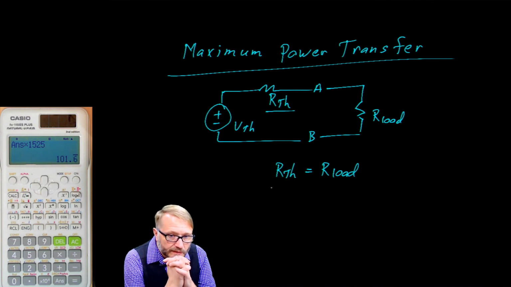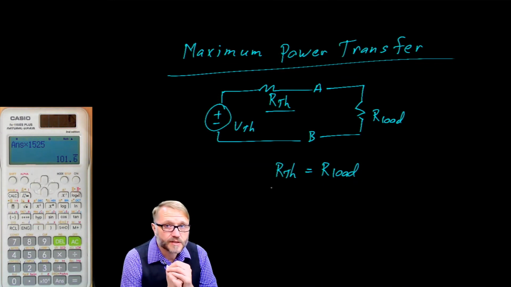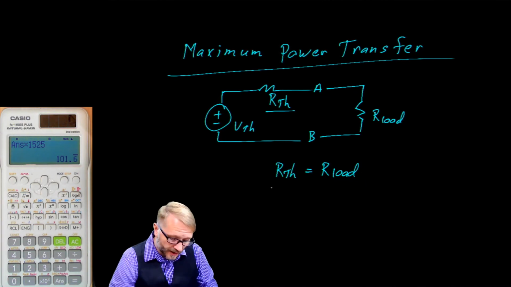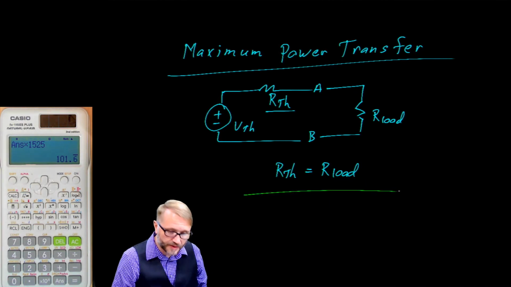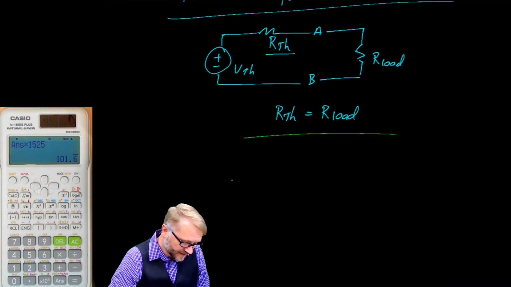All right, let me tell you something. I despise this particular thought. It is so confusing to students as they start out. They look at this and go, oh, okay, so for maximum power, we're always going to match the load with Thevenin. It's like, well, yeah, but you forgot something.